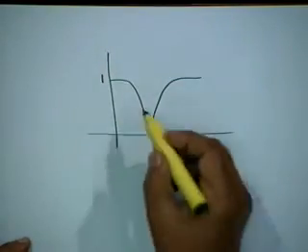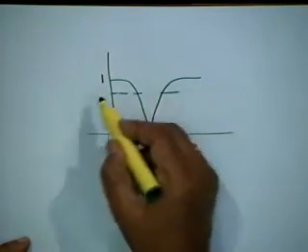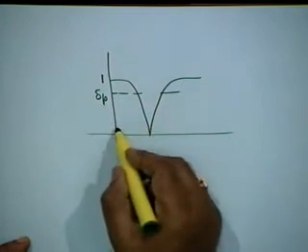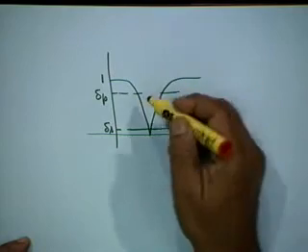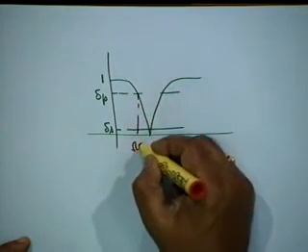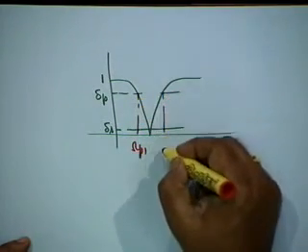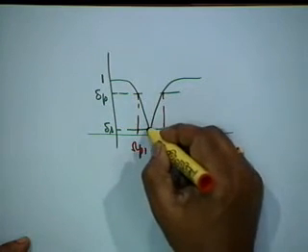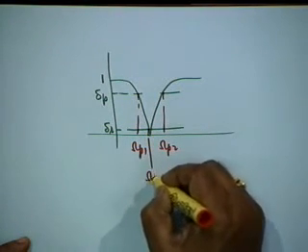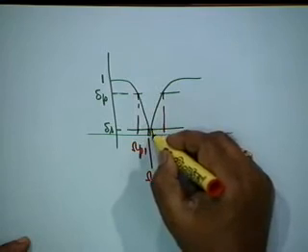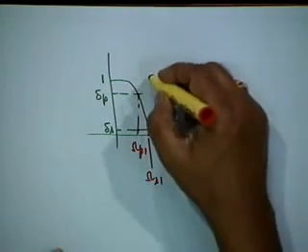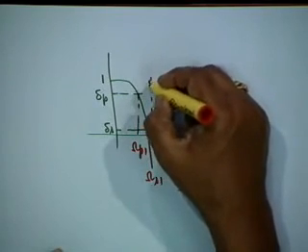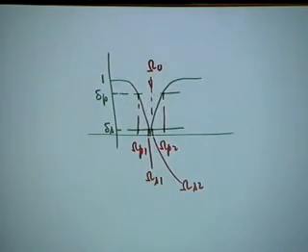This is 1, this is delta P, and this is delta S, and the corresponding frequencies are omega P1, omega P2, this is omega S1, and this is omega S2, and the center frequency is omega naught.